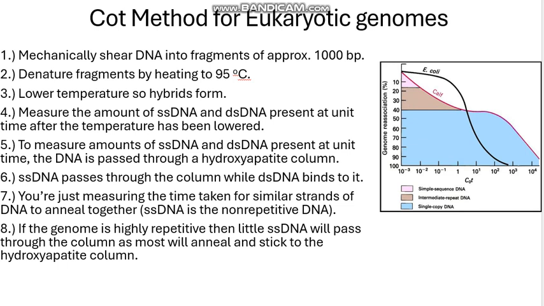And once it anneals, it'll become double-stranded DNA, which, when we pass it through the column after a certain amount of time has passed, if it has found its complement, it will stick to the column, and if it has not, then it will remain as single-stranded DNA and pass through the column.